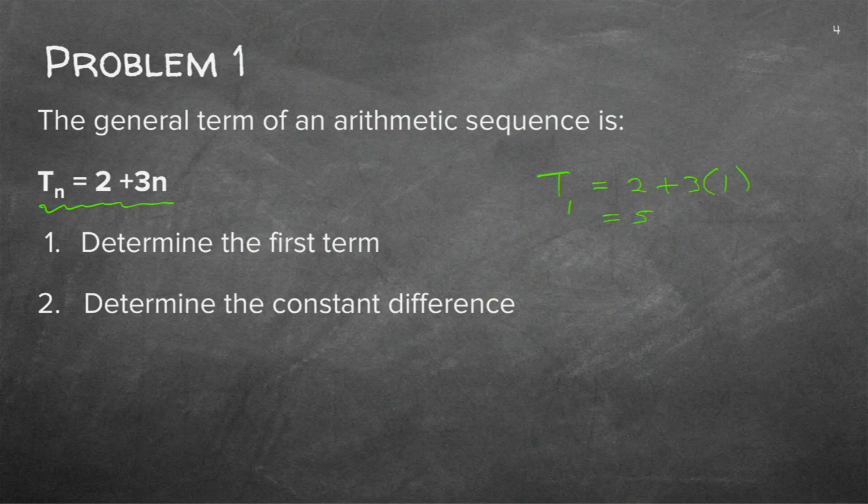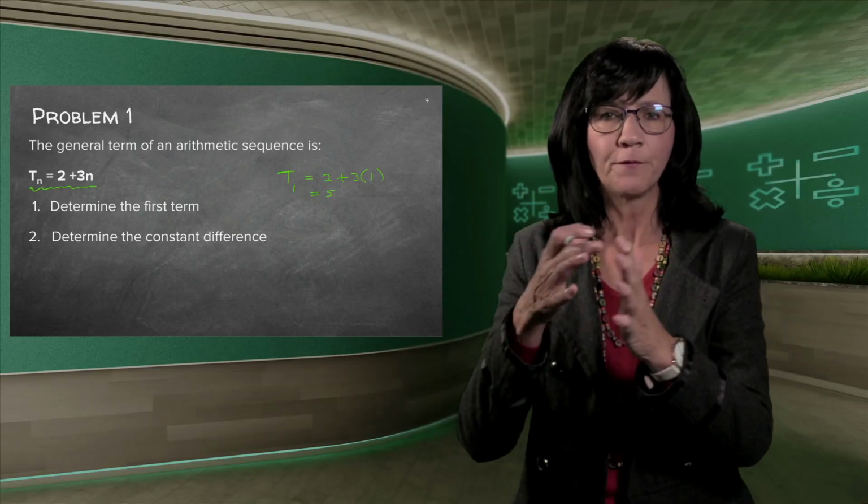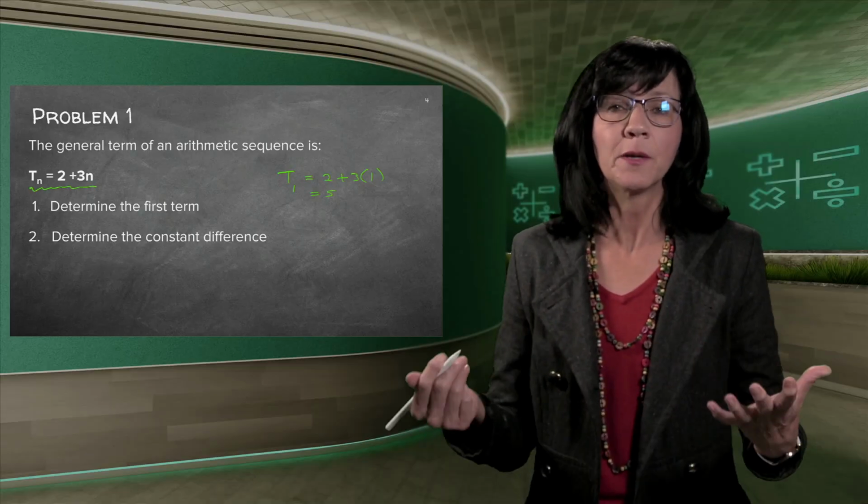And then they ask the constant difference. Now, the best way to find the constant difference is always to say right-hand side minus left-hand side. Now, because they in the beginning said it is an arithmetic sequence, I don't have to check. So I don't have to do more than 2 terms. If I've done the first 2 terms and I say right-hand side minus left-hand side, I will get my common difference.